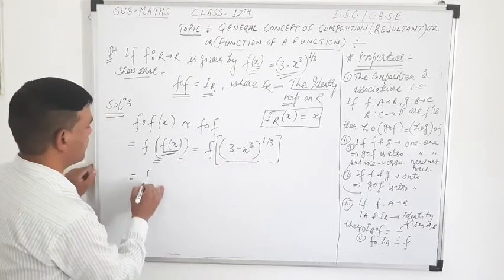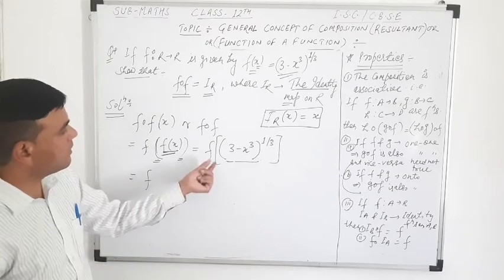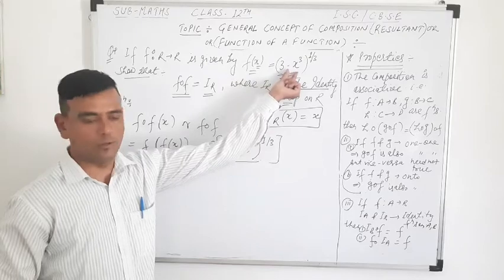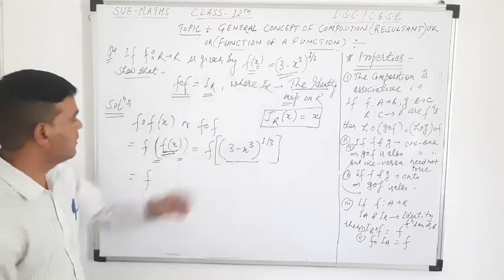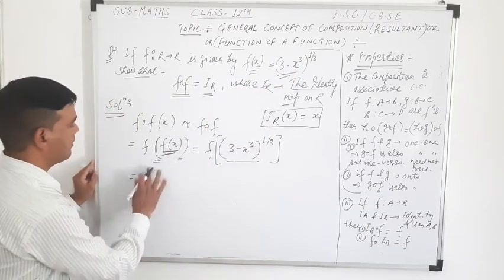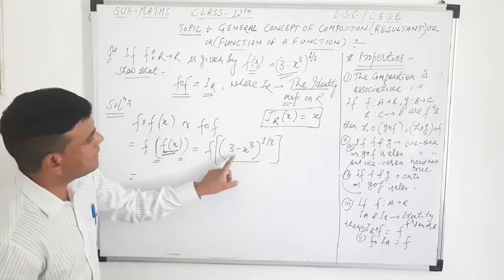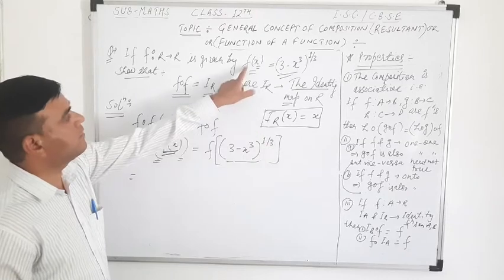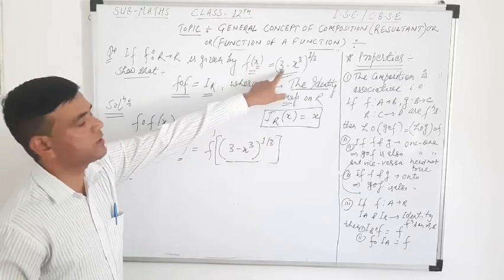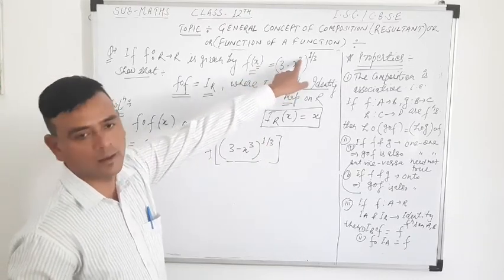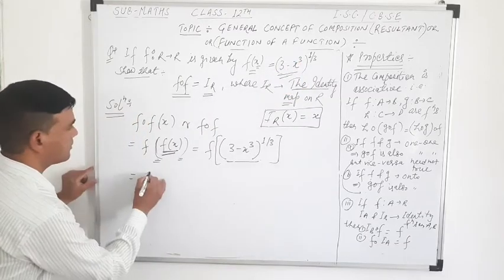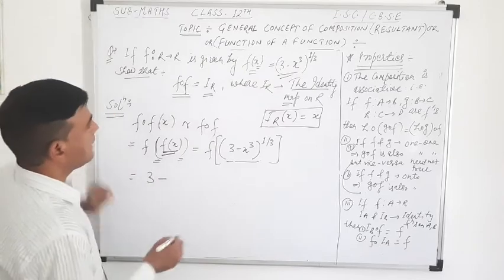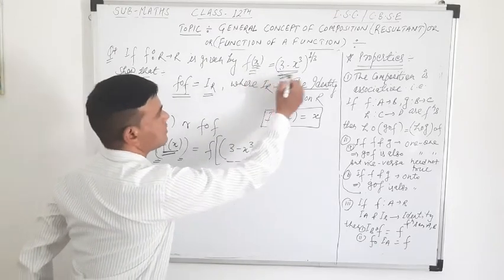Now further proceeding, f of this: if this is in the place of x, then we have this value, so replace x by this one. You can easily see here (3 - x^3)^(1/3). For any function f(x), the value of the function is 3 minus x cubed, whole power 1 upon 3. So you will put 3 minus, and if x is there then this whole is there.